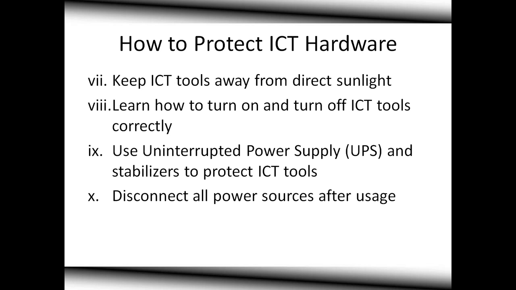Once you are done using an ICT tool, we are also advising you that you should disconnect the main power cable. That is, let's say, the power cable that connects from the power source to the extension board. Make sure that you disconnect it.